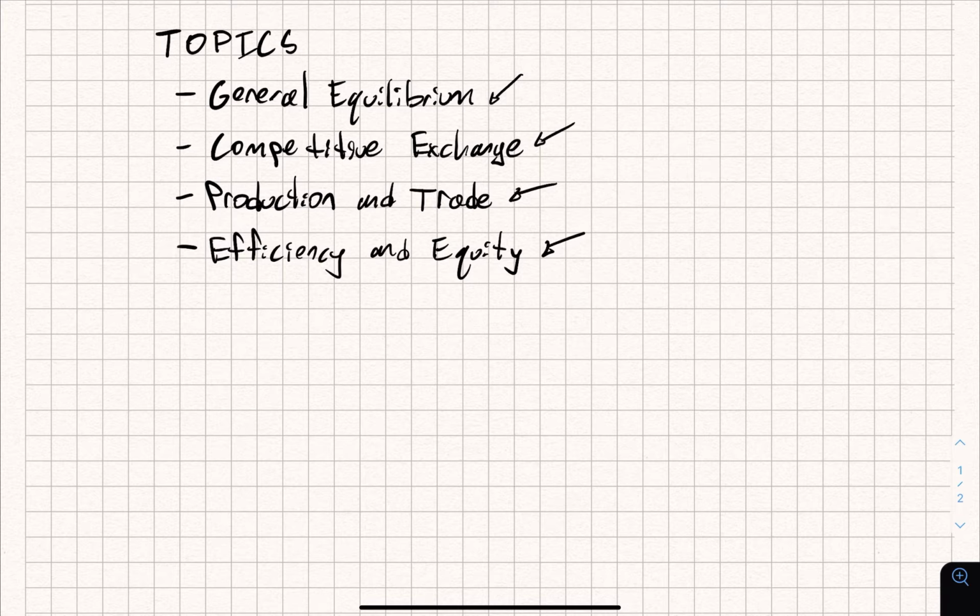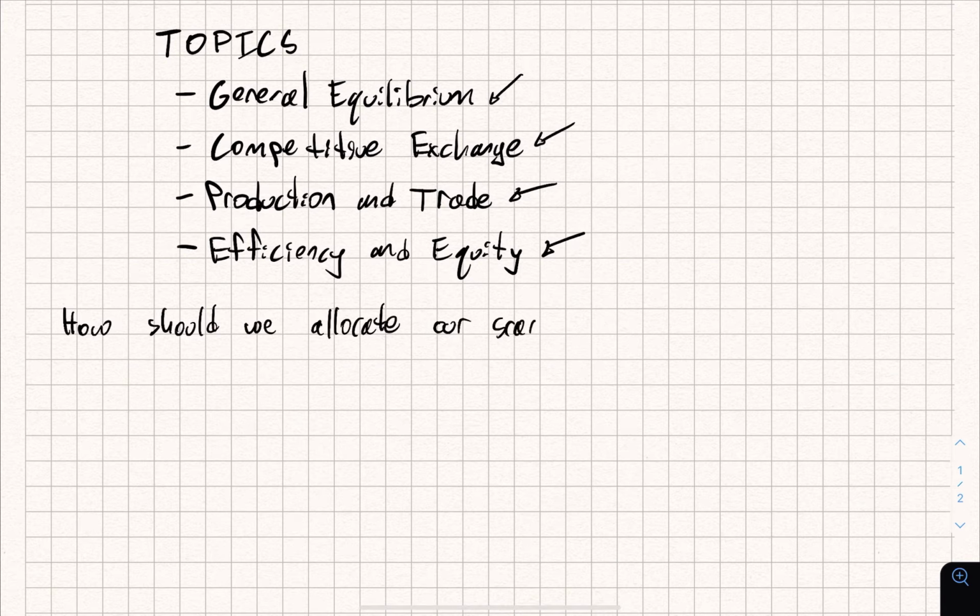So the main high-level question, at the heart of all of microeconomics, is how should we distribute our resources? How should we allocate our scarce resources?